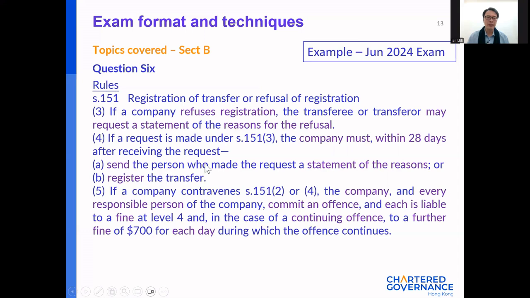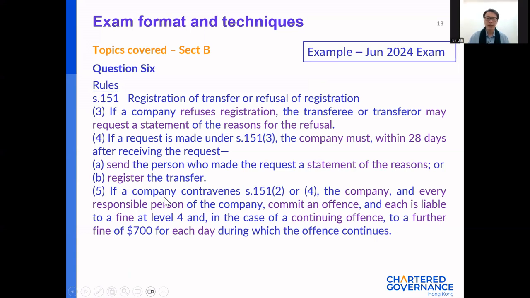Here and previously in subsection 2, despite any possible disagreement in which the directors refuse to register the transfer, at each step of the way under section 151, there's always a chance for the directors to simply register the transfer, and then there will be no disagreement. But even at this stage in subsection 4, if the directors for whatever reason still do not wish to register the transfer, then they must provide a statement of the reasons.